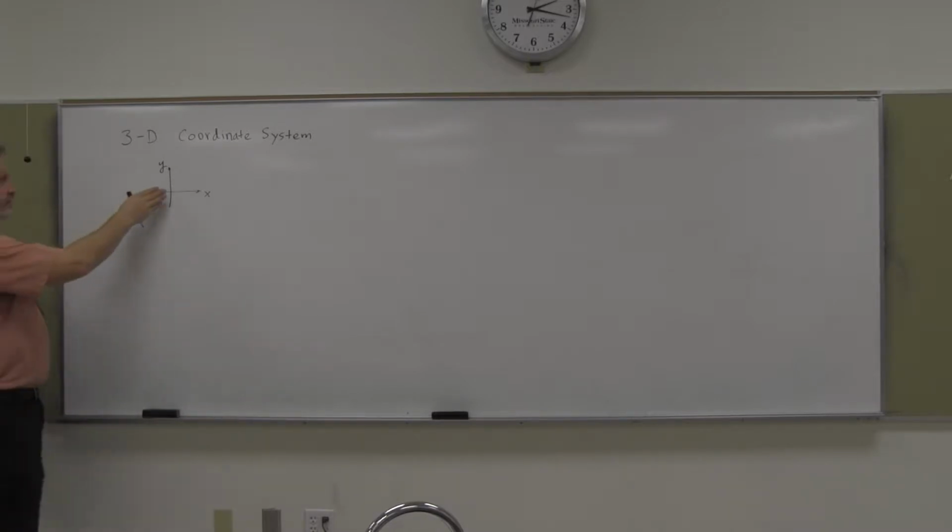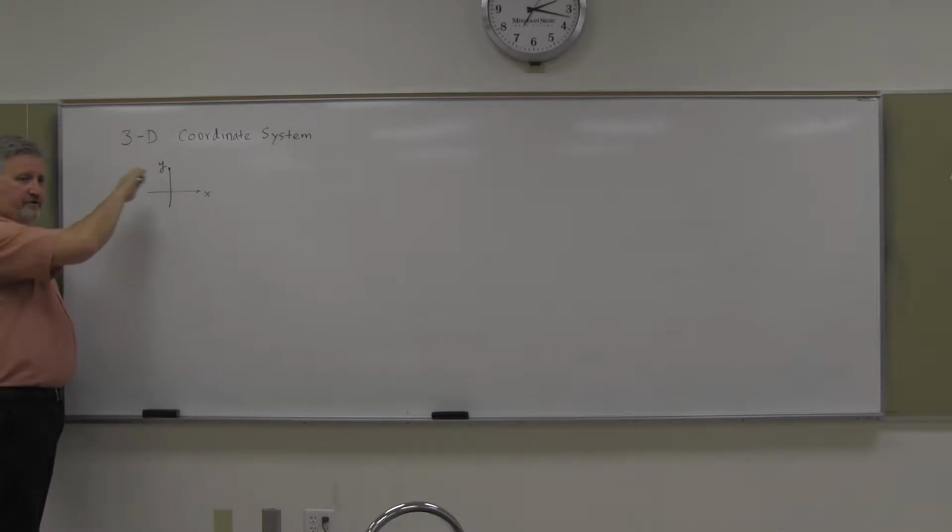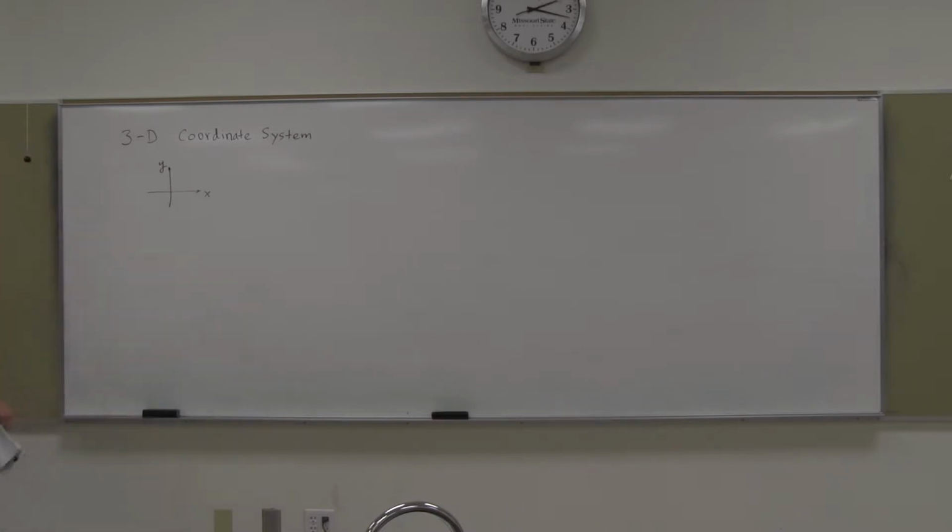It would be an axis that would come straight out from the board and straight into the board, back behind the wall there. And so that would give us that third, so we could put points in space, if you will. Now, the way we typically orient it, though, instead of that way, because that would be hard to draw, is to tilt it a little bit.